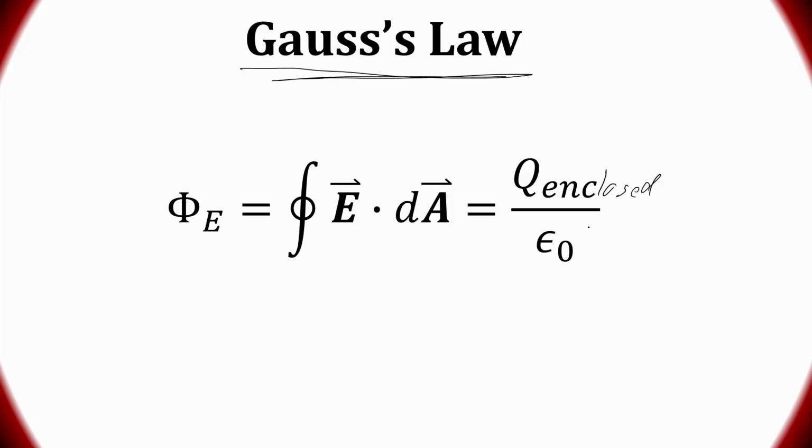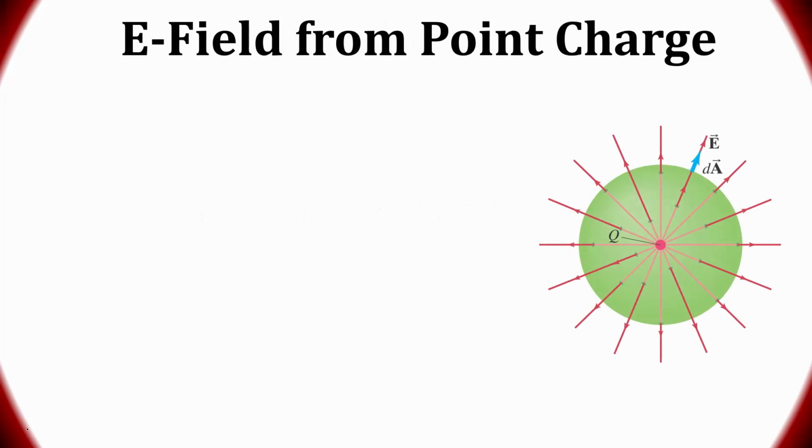Granted, we can only apply it to certain situations with quite a bit of symmetry, but we can choose any surface we want to enclose our charges, and then we can find the electric field due to those. I'll go through a number of examples here, and hopefully you get the hang of it. So if we wanted to confirm the electric field from a point charge, we already know this. It's kq over r squared, or 1 over 4 pi epsilon naught times q over r squared.